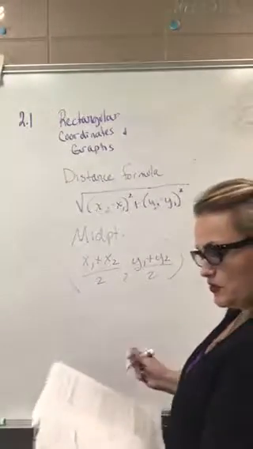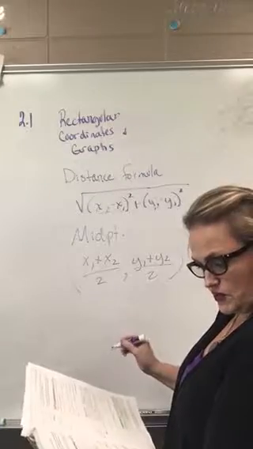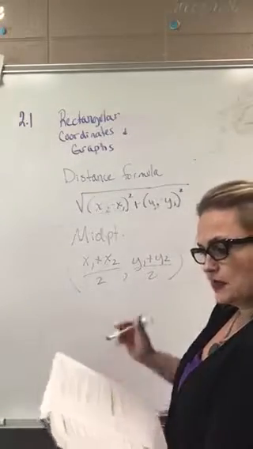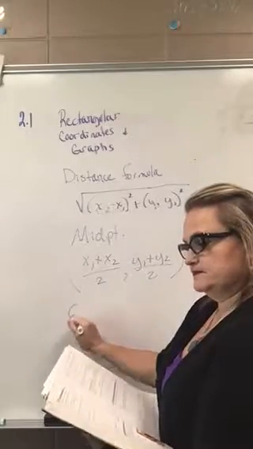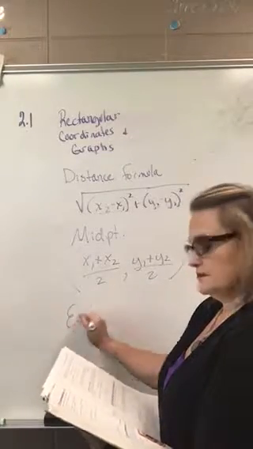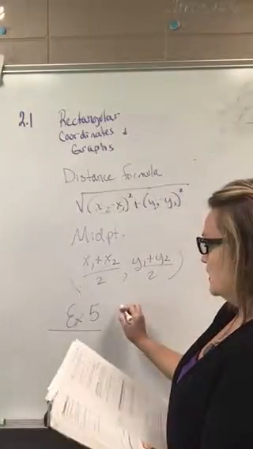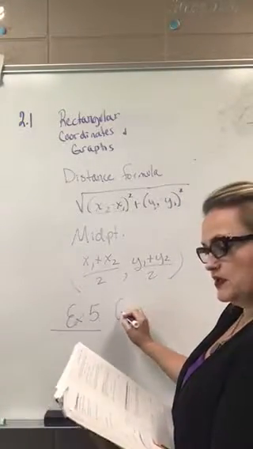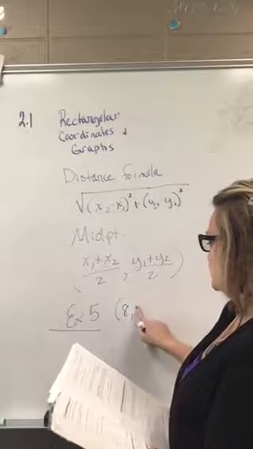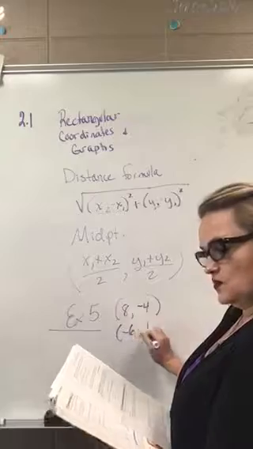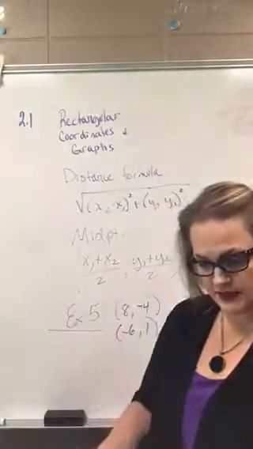All right, the example we're going to do is the one in the book, where am I? I am on example 5. Okay, we have a list of points at 8 and -4, and then at -6, 1, and it says to find the midpoint.